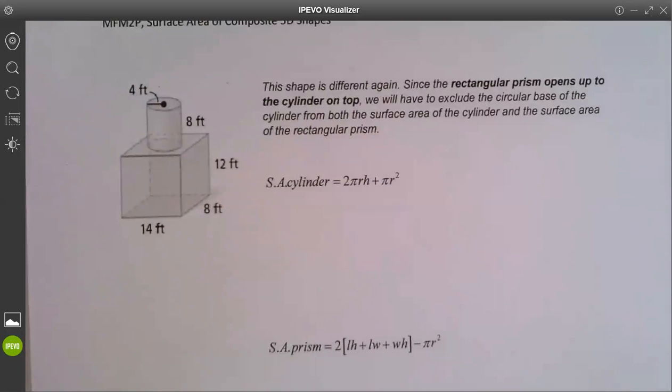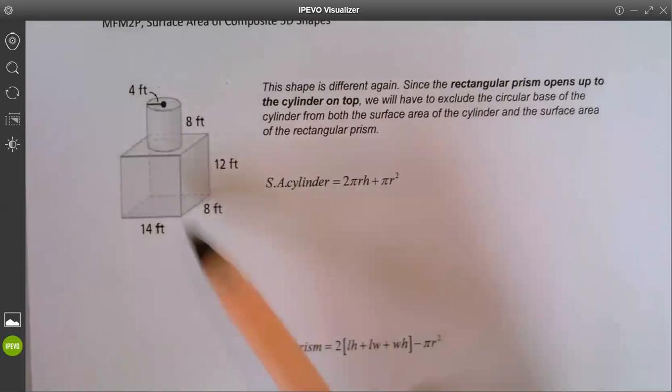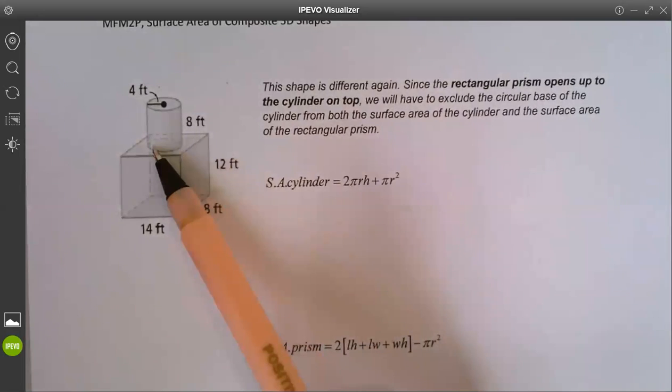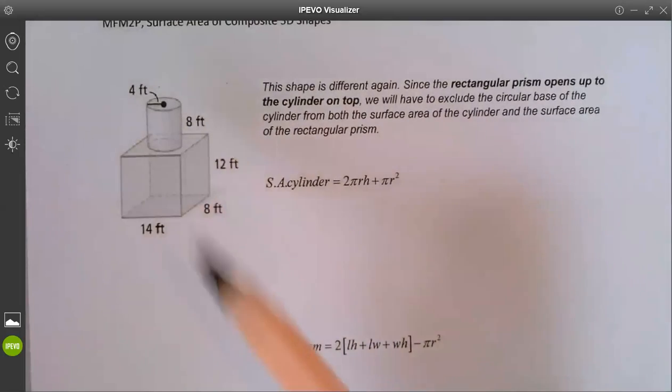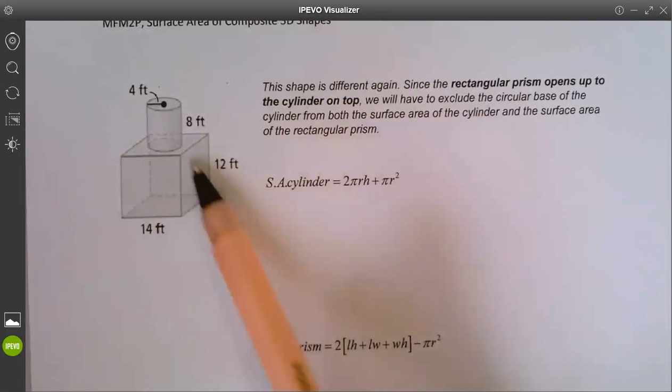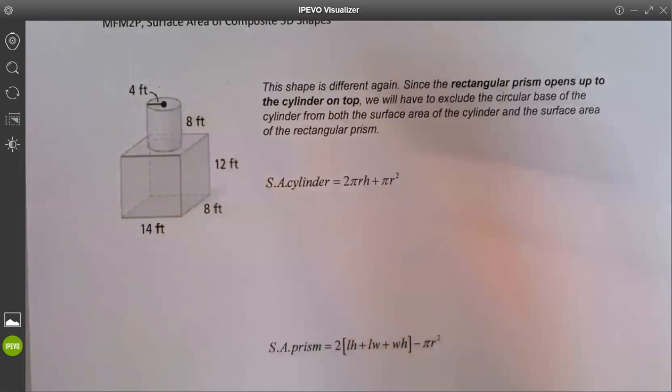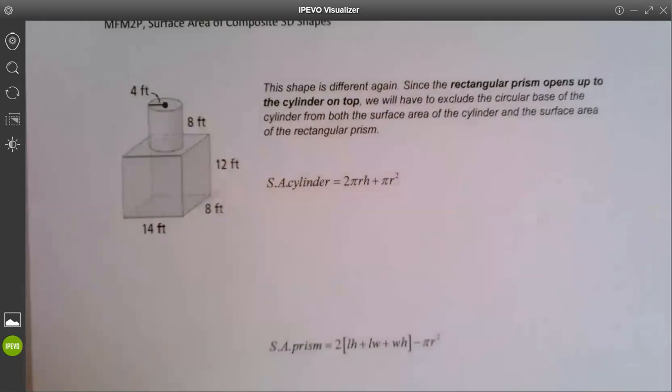So in our last example, we have a rectangular prism with a cylinder on top. And so when we calculate the surface area, we're going to calculate the surface area of each individual shape. So we'll take care of the rectangular prism and the cylinder separately, and then we will combine those values together.